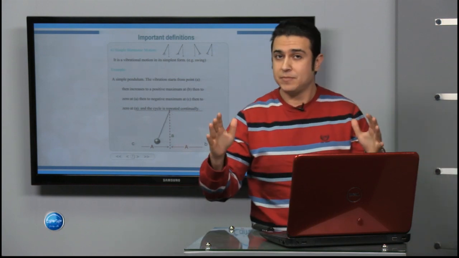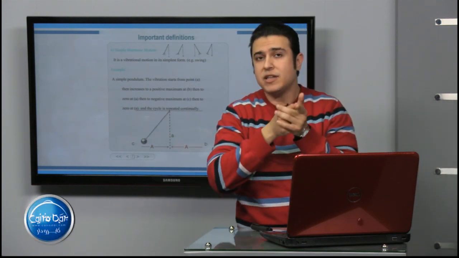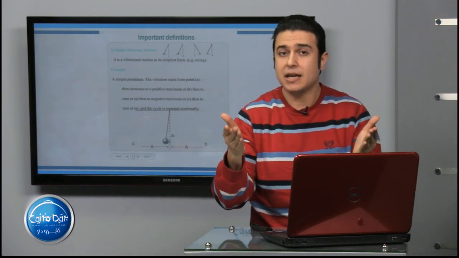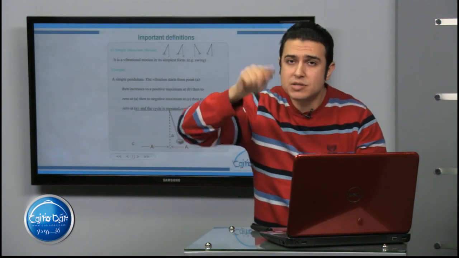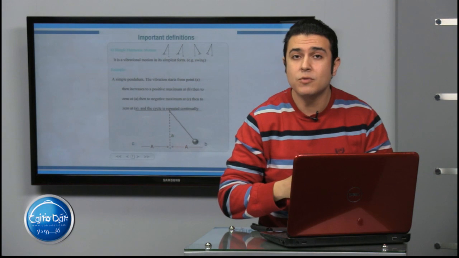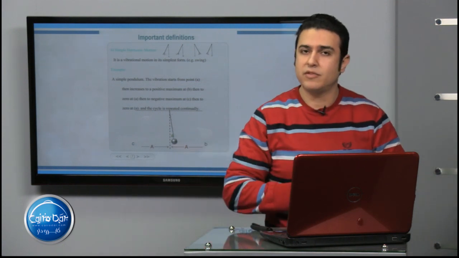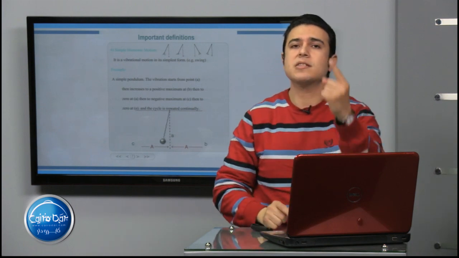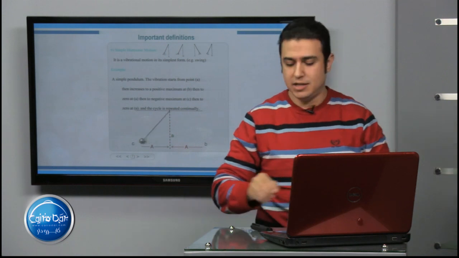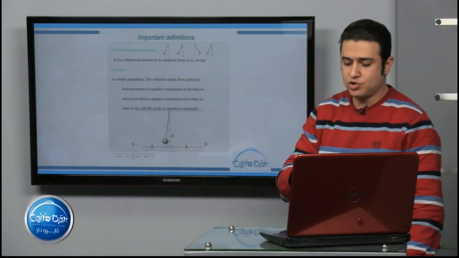So periodic time is the opposite of frequency. For the frequency, we calculate the number of complete oscillations in 1 second. But for the periodic time, we calculate the time taken for the vibrating body to make just one complete oscillation. And as you see here, it is a simple harmonic motion.